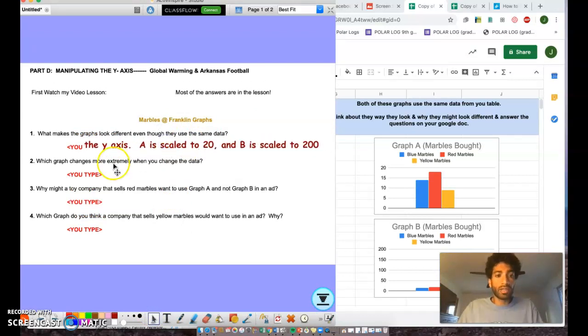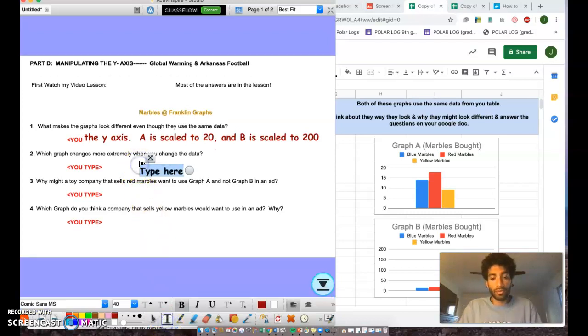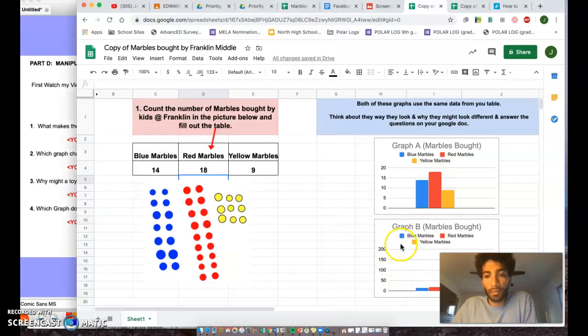Okay, and so we actually talked about number two too. Which graph changes more extremely when you change the data? And we saw graph A changes way more extremely. It doesn't even look like graph B is moving sometimes. Now, you guys kind of see how we did this, like when we have two graphs, but we make the axis so big, it makes everything seem so smushed together.